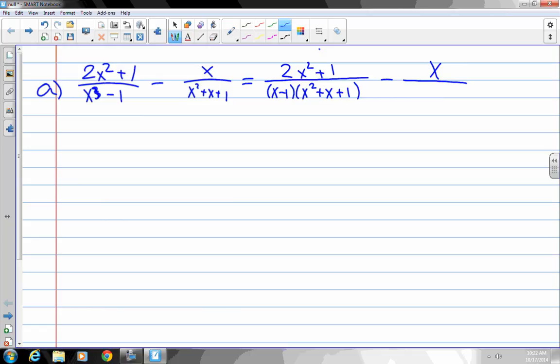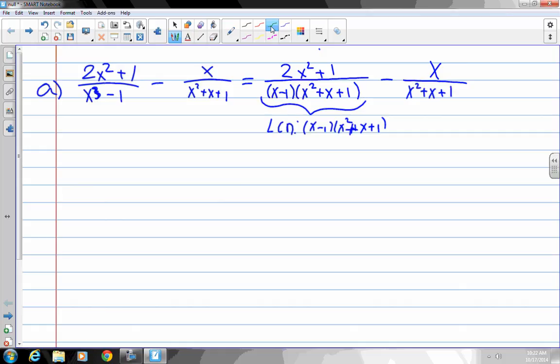Even if I can't factor the second denominator, is that a big problem in this case? Why not? Because that entire second denominator is a factor of the first denominator. I cannot factor it even if I try, but it's not a big deal because the first denominator is the LCD. LCD is x minus 1, x squared plus x plus 1.